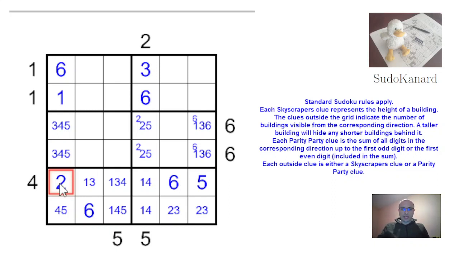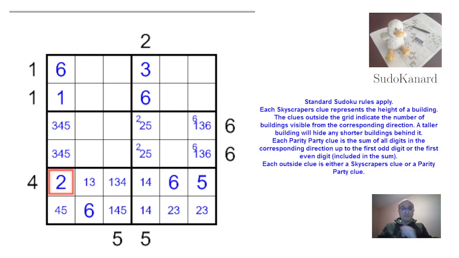Let's remember that this is a 2. If we're assuming, so, sorry for being inarticulate. Well, what I mean to say is that just using this 4 and assuming that it's a skyscraper's clue, I've come to all those deductions, and they really seem to hold.